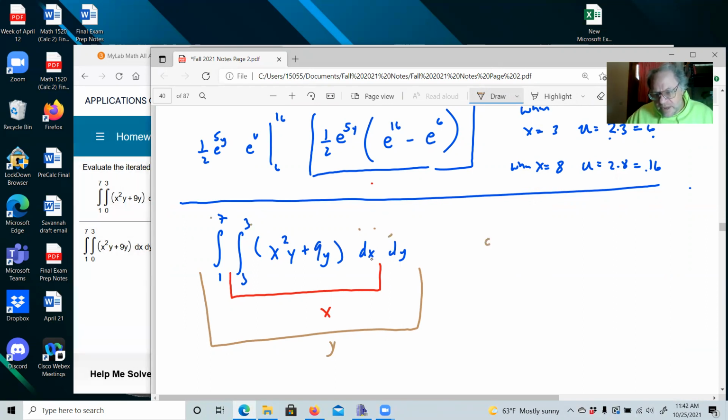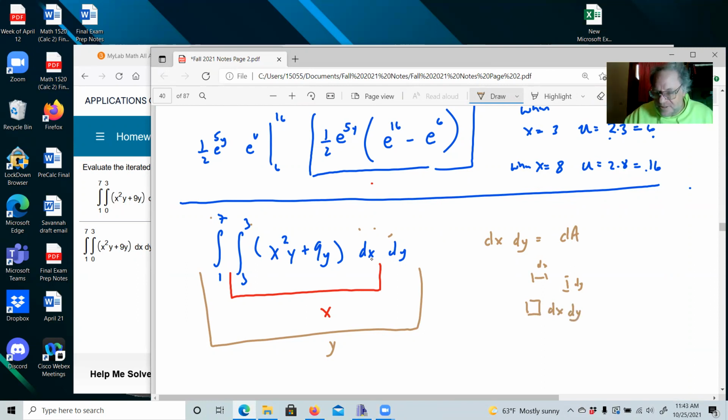Now, dx dy, often we will abbreviate this as a dA. It's an area. A dx is like a short little piece like that, and my dy is a short little piece like this. When I multiply them together, we get a little square, dx dy.